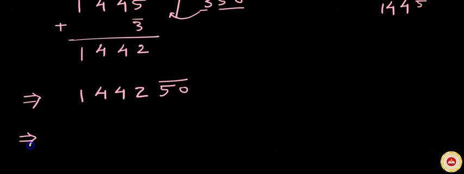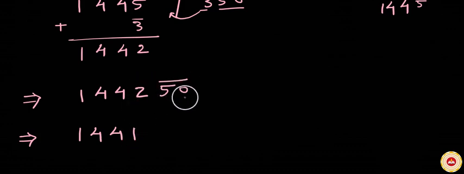So let us convert this vinculum number into a normal number. Write this 1 as it is, 4 as it is, 4 as it is, but not 2 as it is. Reduce this 2 by 1. 2 minus 1 is 1.